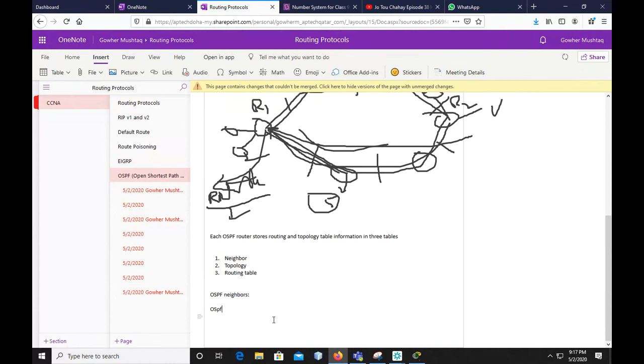As I've told you, OSPF routers need to establish a neighbor relationship before exchanging routing information or routing updates.